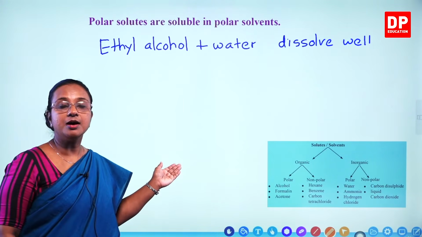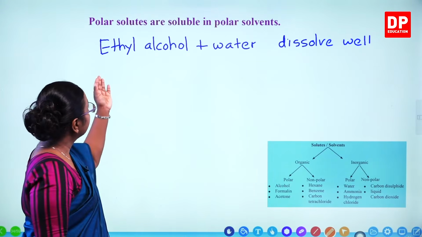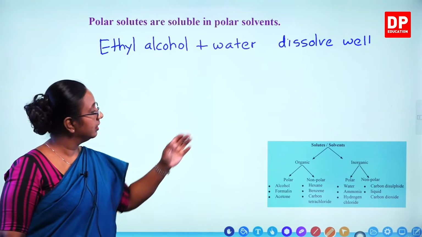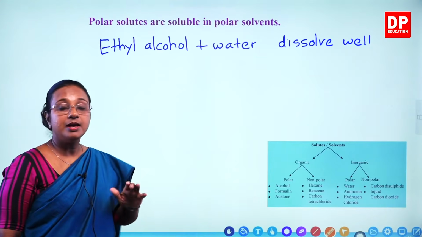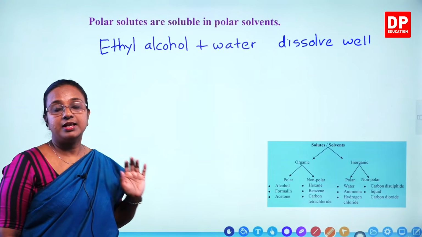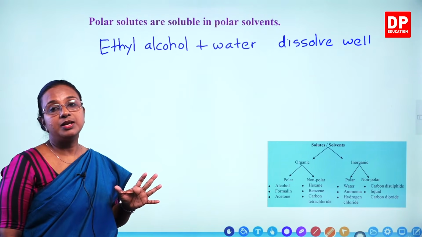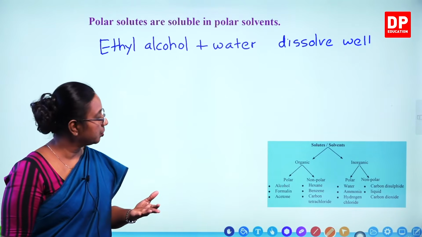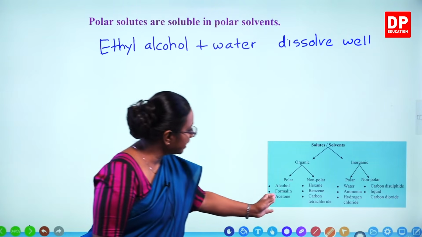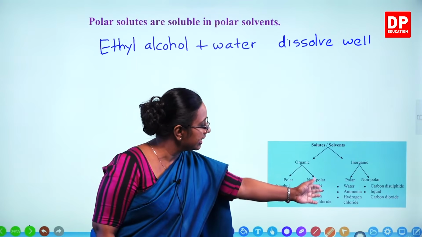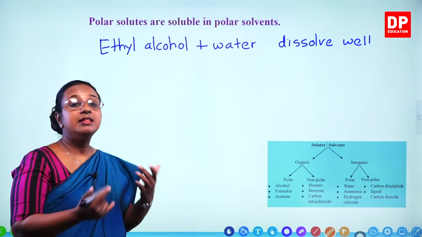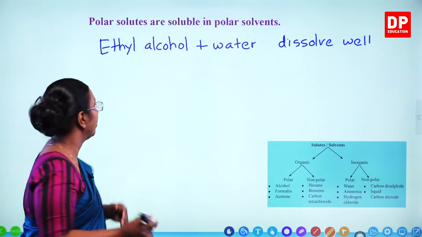Why? Both are polar. Alcohol is organic, water is inorganic, but irrespective of that, because they are both polar, they mix very well. If we take acetone and ammonia, they will also mix well.